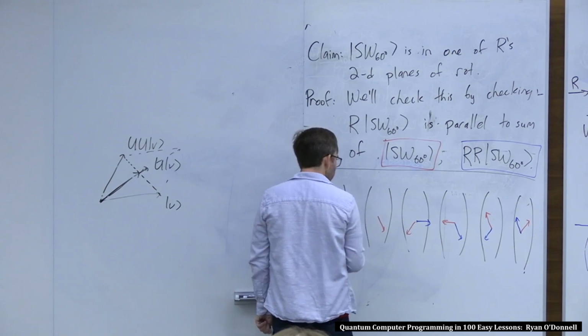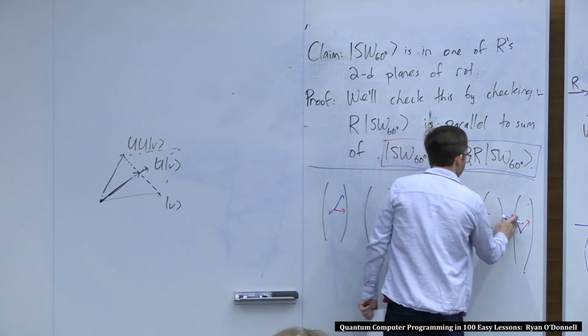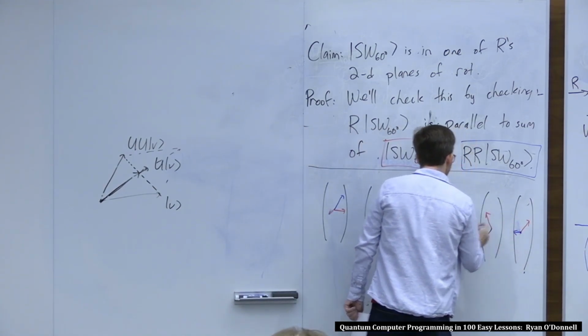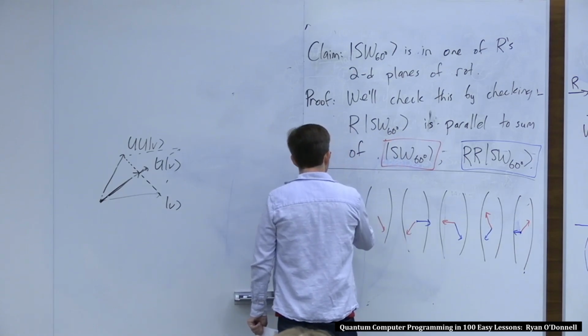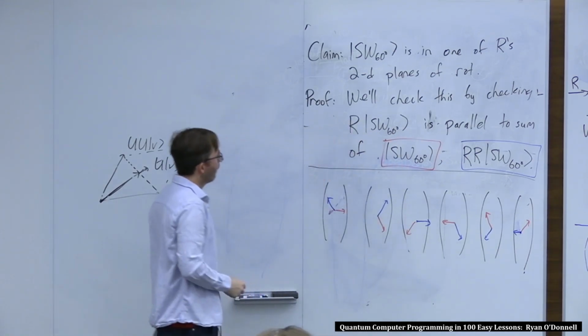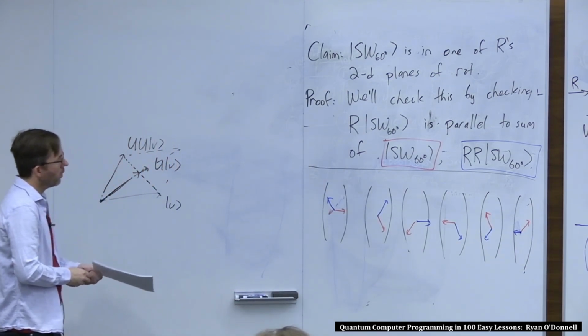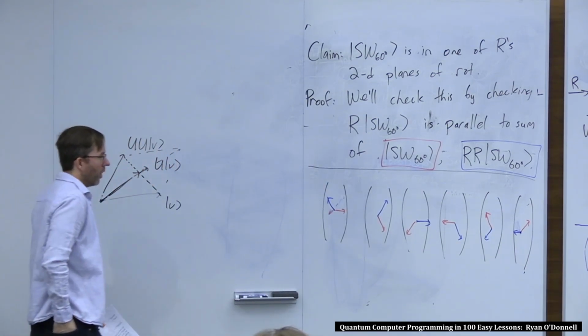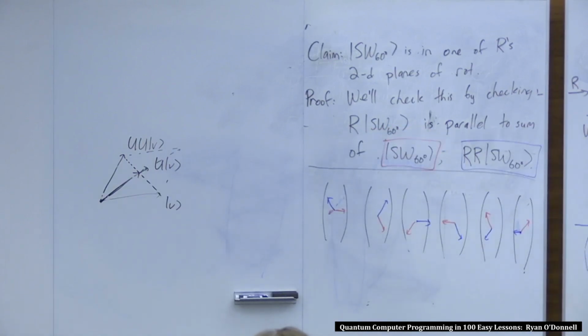Wait, oh, I always get this wrong. Here, here, here. I used to do this with 5 instead of 6, and sometimes it's a lot easier with 5 to draw. Anyway.